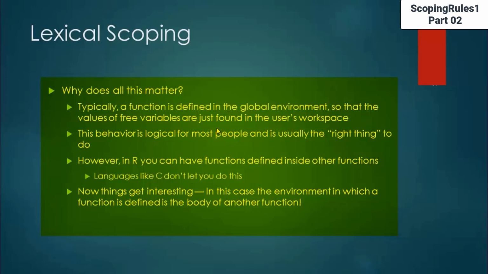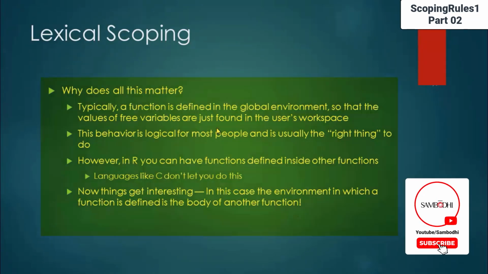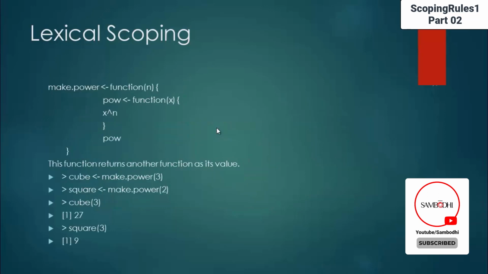Now things start to get a little interesting. In this case, the environment in which a function is defined is the body of another function. For example, if I have a function A and I define the function B within the body of function A, that's where things get interesting.